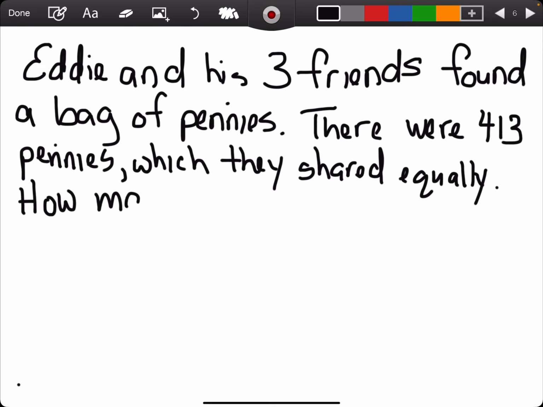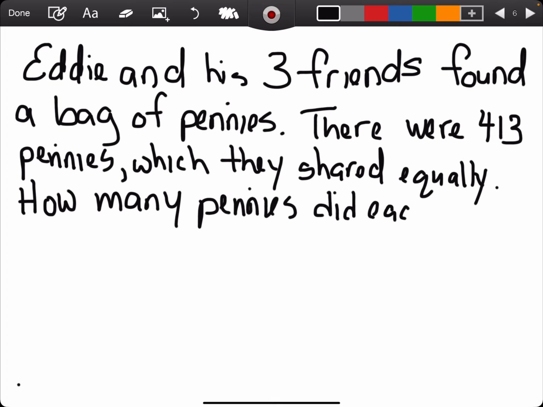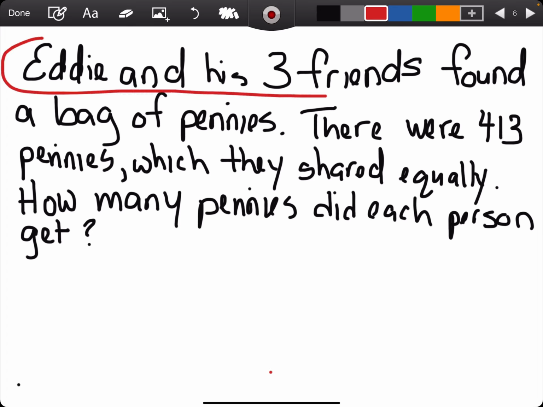How many pennies did each person get? Well, we mark it up. It was Eddie and his 3 friends. So how many people were there? There were 4. Eddie and his 3 friends.